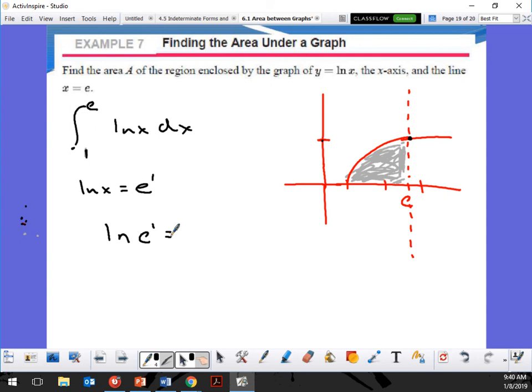Just plug it in. What's the ln of e to the first? All right, because you're trying to find the y value for this. If I'm going to have it around the y value, I just get 1, right? So I got 1 there. So my value is going to be that.